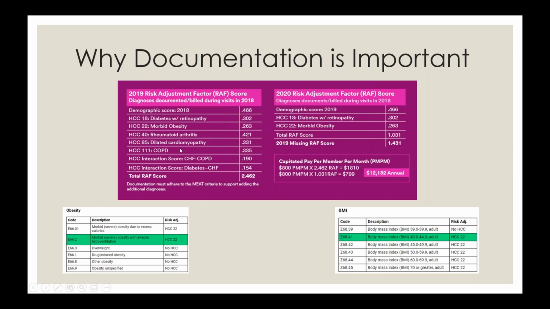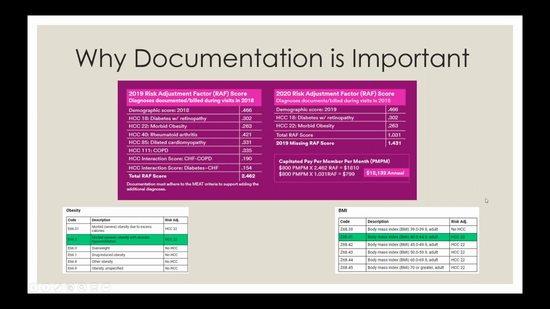And as you have up here, you'll see that those have a higher RAF score, which if you just document overweight or other obesity or just obesity unspecified, that is not an HCC and does not get any of those risk adjustment scores. So it would not be reflected in that.